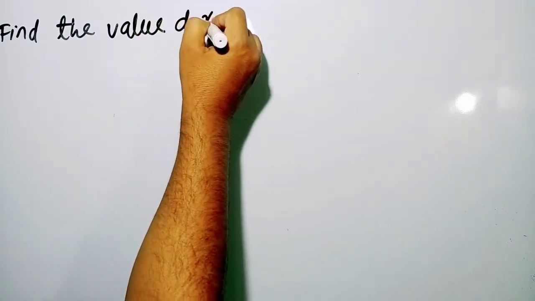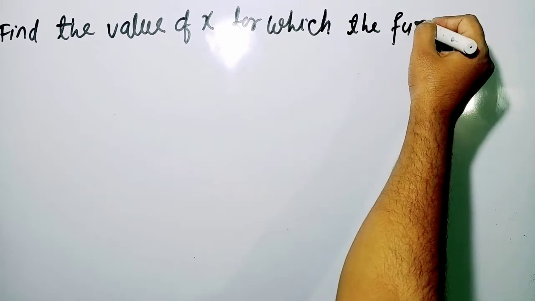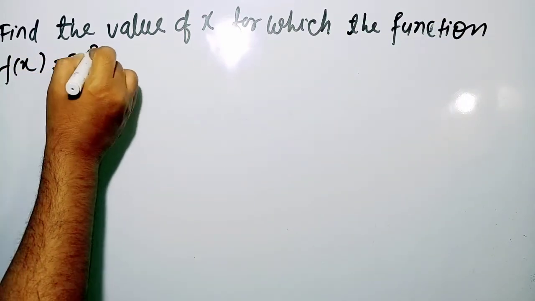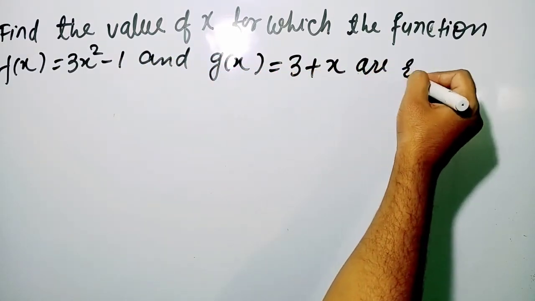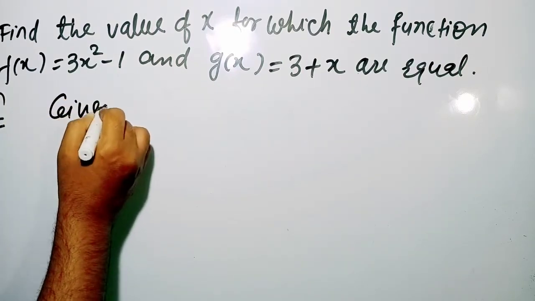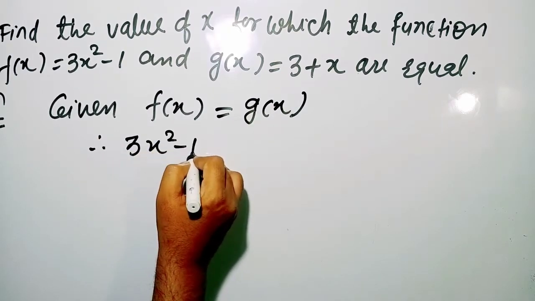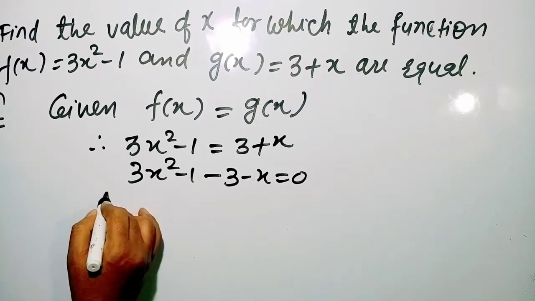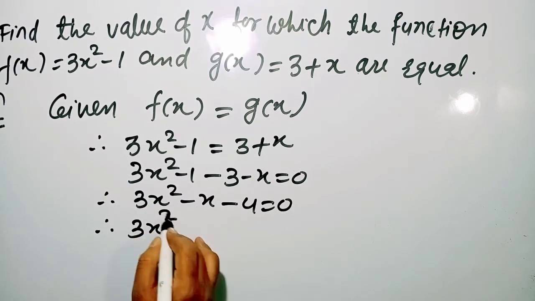Next is: find the value of x for which the functions f of x is equal to 3x square minus 1 and g of x is equal to 3 plus x are equal. Here, students, both the functions are equal, so f of x is equal to g of x. So we can compare 3x square minus 1 is equal to 3 plus x. So equating, we are getting 3x square minus x minus 4 is equal to 0.